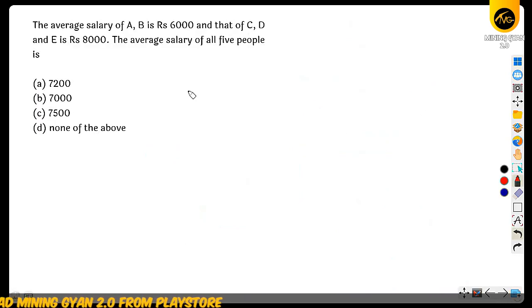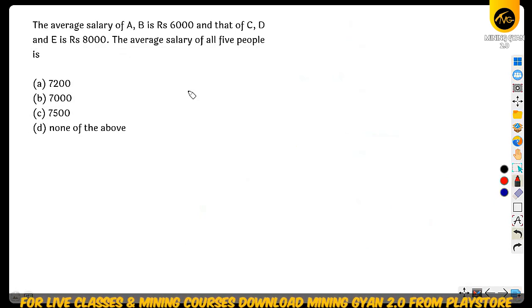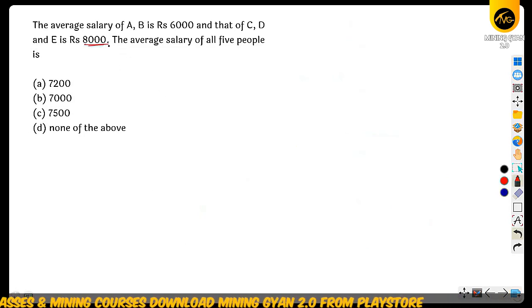The average salary of A, B is rupees 6,000 and that of C, D and E is rupees 8,000. Find the average salary of all 5 people. Basically, this is also a similar kind of logic to be used in the solution. The average salary of A, B is 6,000. Similarly, the average salary of C, D and E is 8,000.